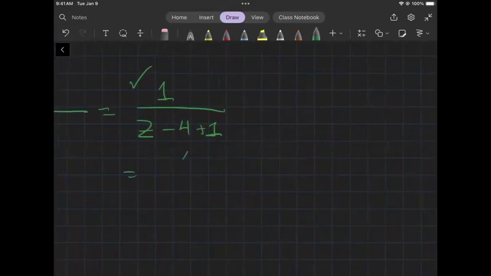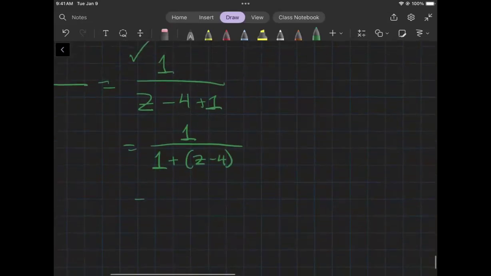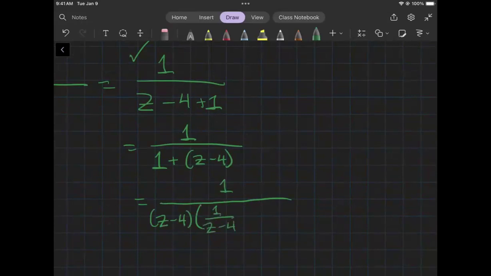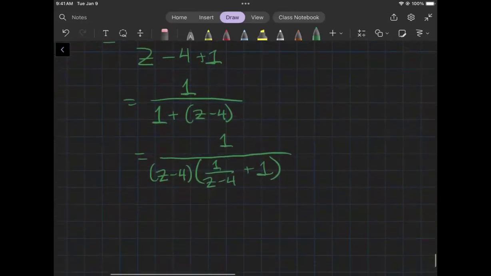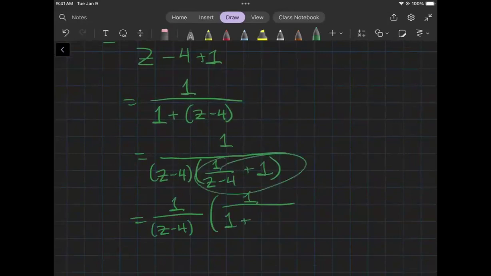So if I write out what I had before, 1 over z minus 4 plus 1, and I factor a z minus 4 out of each term in the denominator, I will have 1 over z minus 4 times 1 over 1 plus 1 over z minus 4.